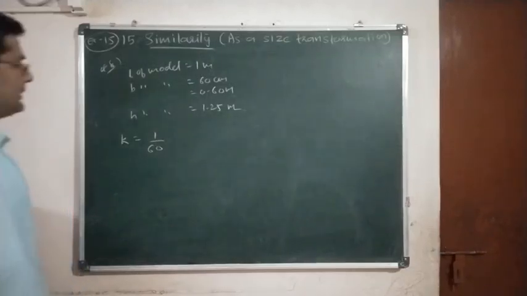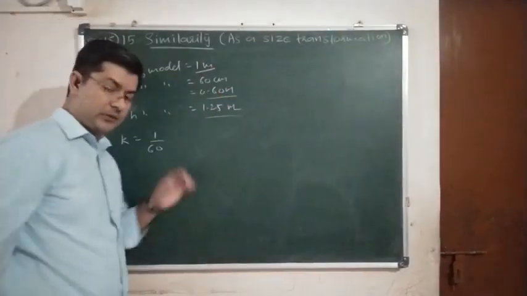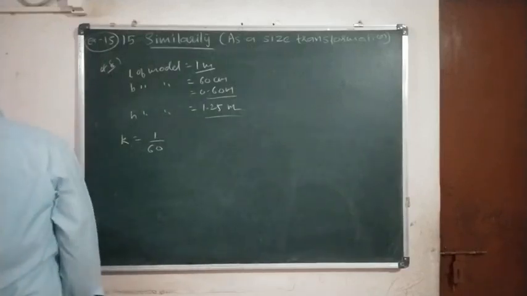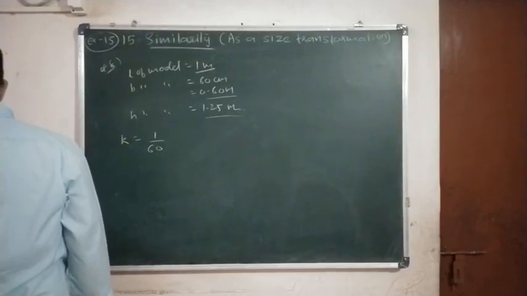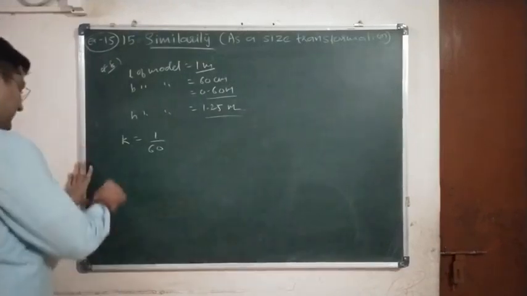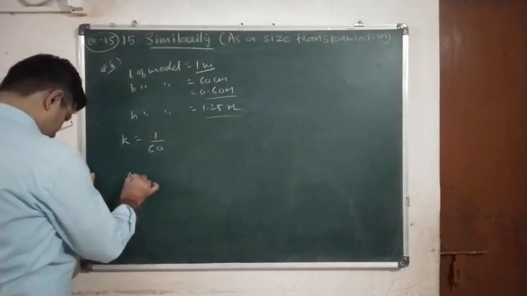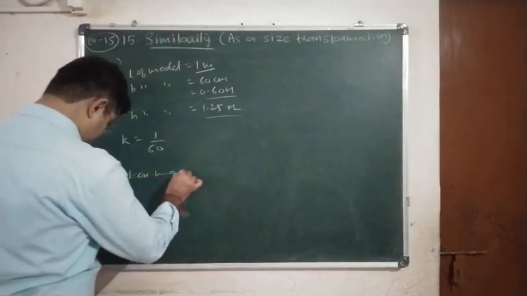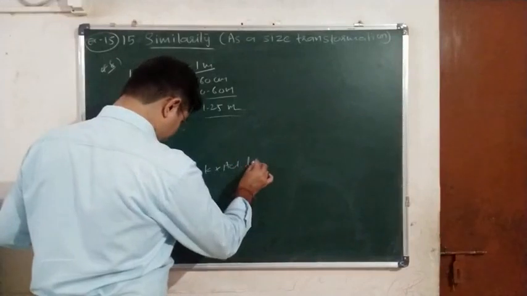Okay, so since the units are given already in meters only, no need to convert, only formulas. Only dimensions we have to find. First we have to find the actual dimensions, and then 2 more questions are there. So let us find out actual length. Length of model is K into actual length.